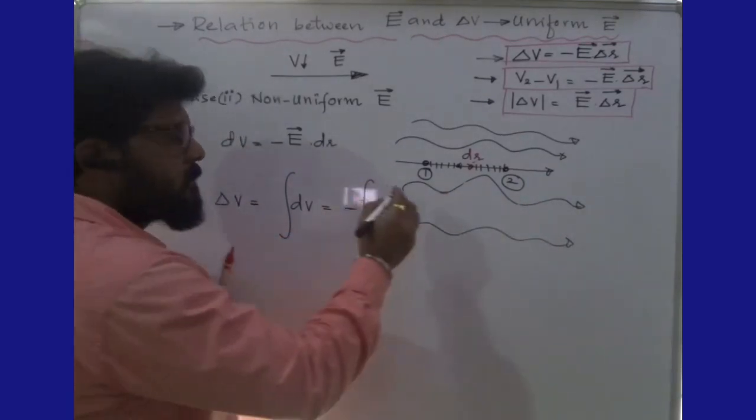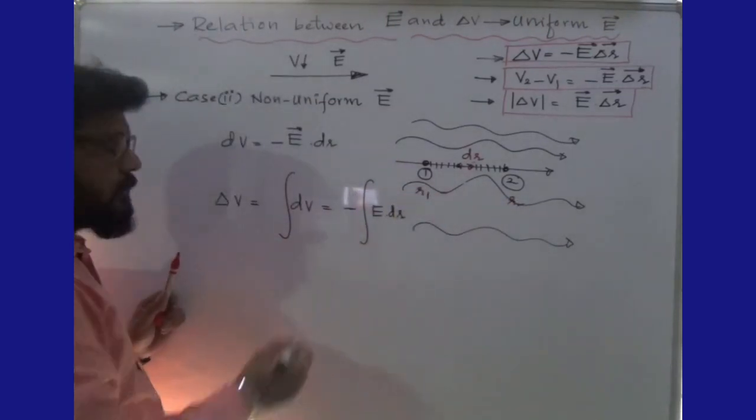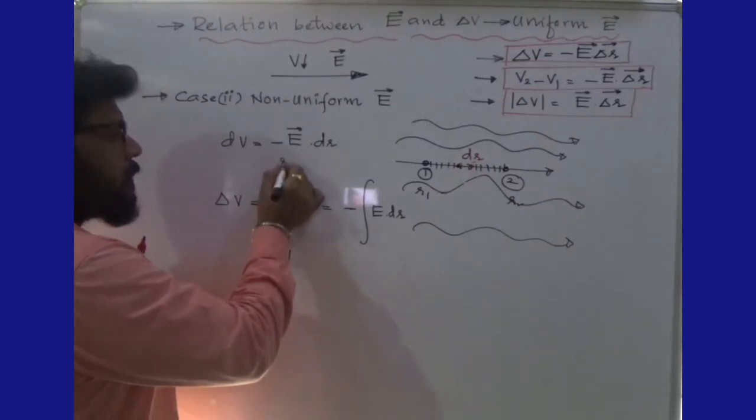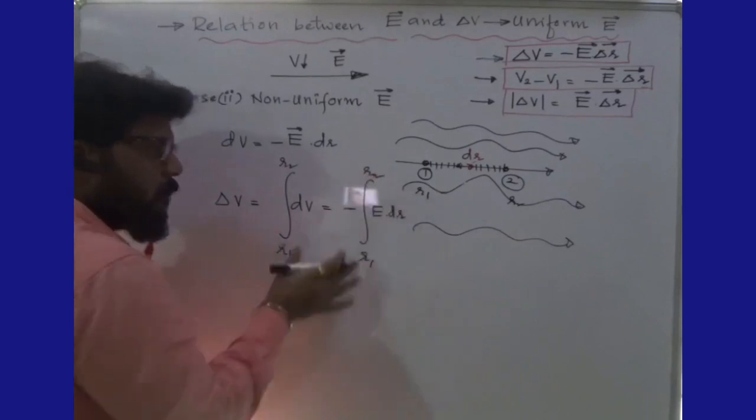Let us take this distance as R1, R2 with the reference points. Then I can say R1 to R2, here R1 to R2.